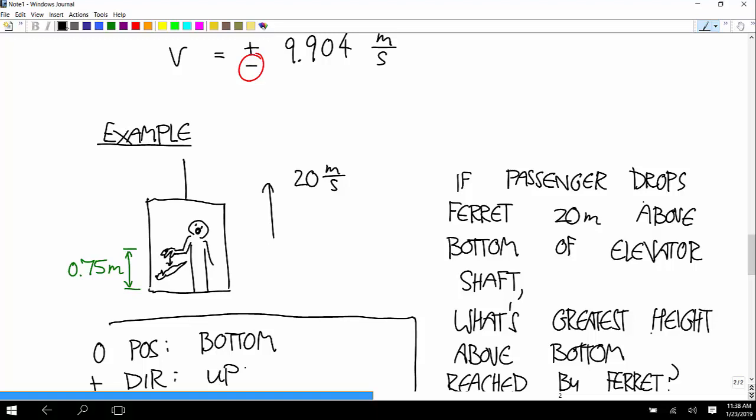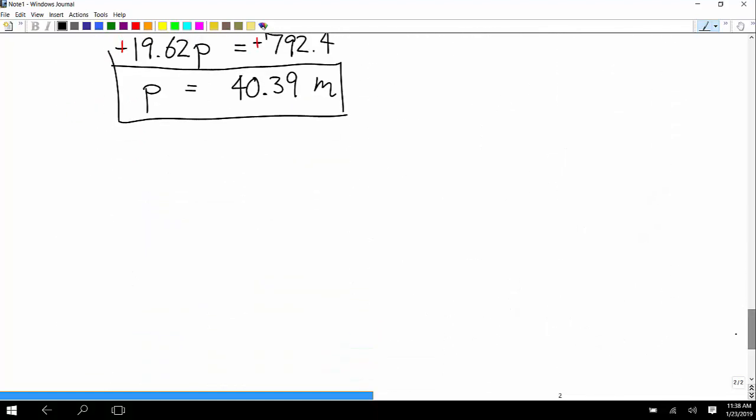And let's say that the elevator continues to move up at 20 meters per second. So does it hit the ground before that point? Or not the ground, but the floor of the elevator?